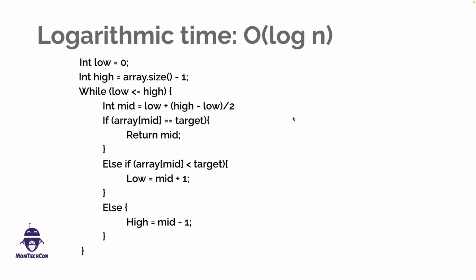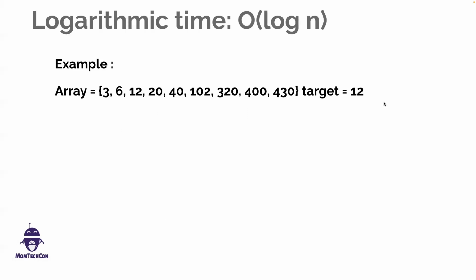Okay, now let's look at the logarithm. What you have here is the code of a binary search. Okay, now let's take an example. Here we have an array, and this array has 1, 2, 3, 4, 5, 6, 7, 8, 9 elements. What we're looking for is 12 inside of this array.